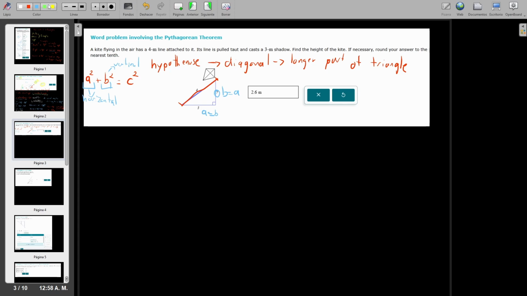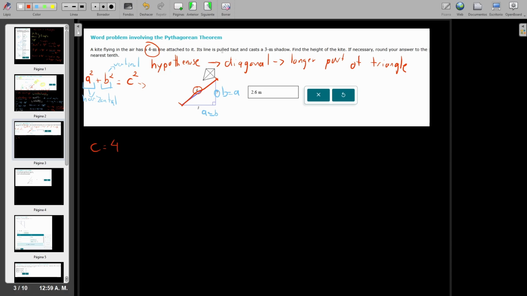They're giving us some data. The kite has a 4-meter line attached to it. They're saying that this line that is attached to the kite is 4. So that means that c, I'll be writing here, c is going to be 4.